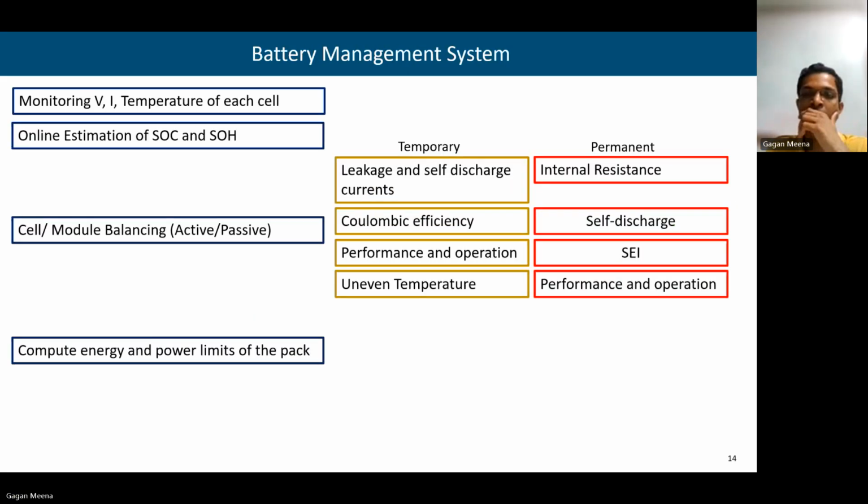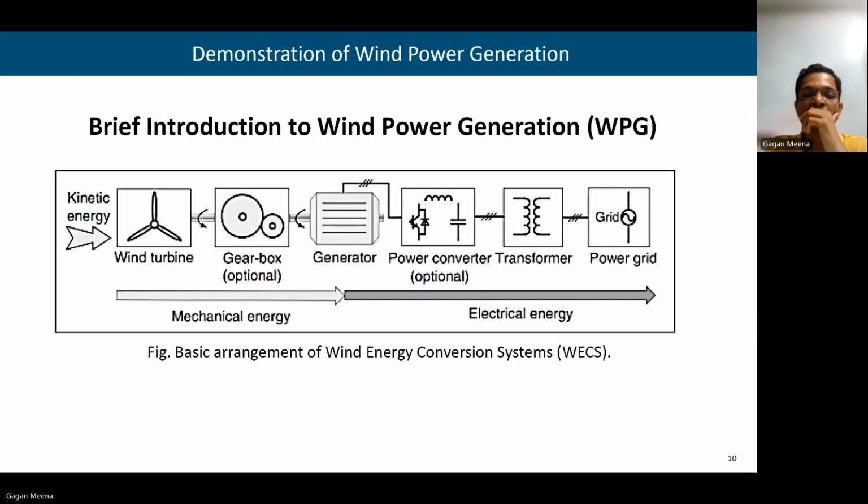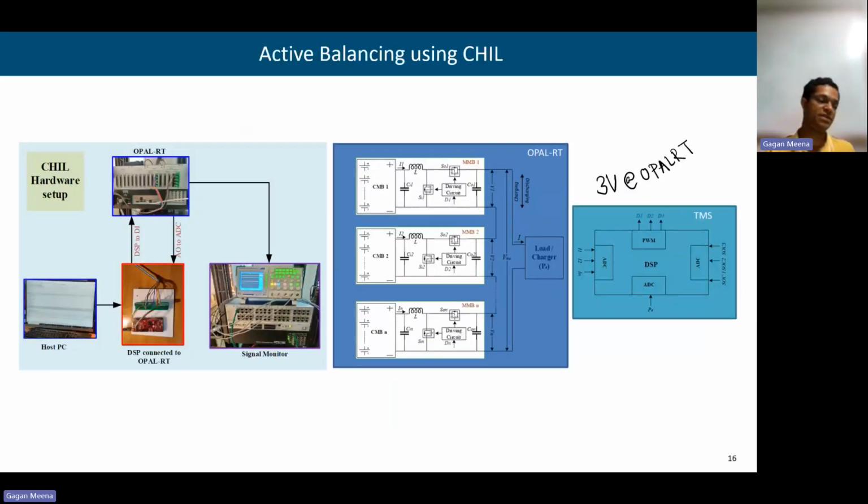In the FPGA or the OpalRT software, you can create a simulation file, a MATLAB simulation file. That software can integrate with the MATLAB simulation file. You develop those files and send them to the user.